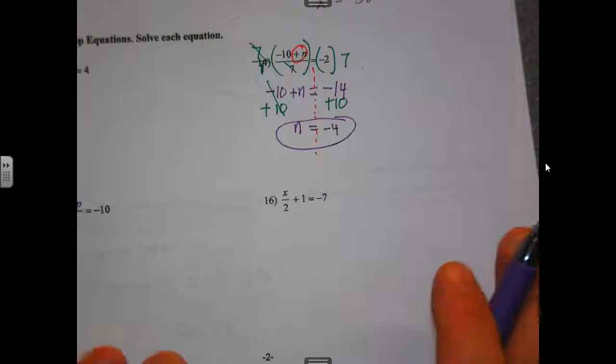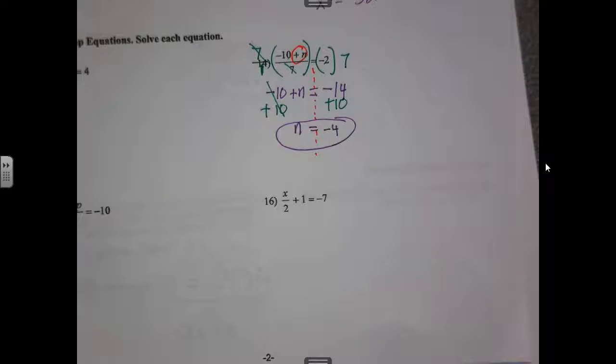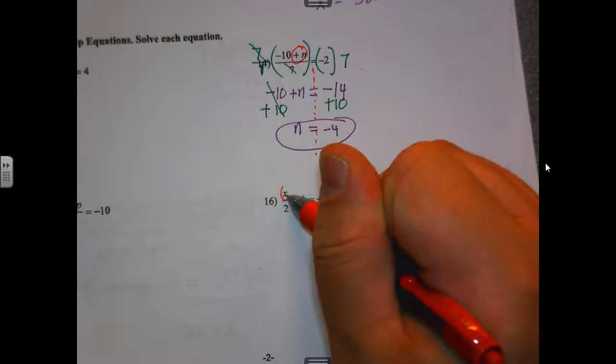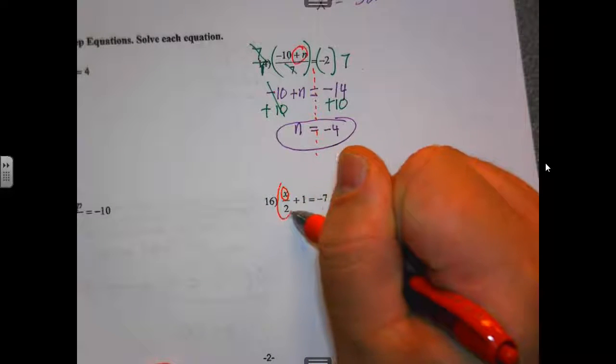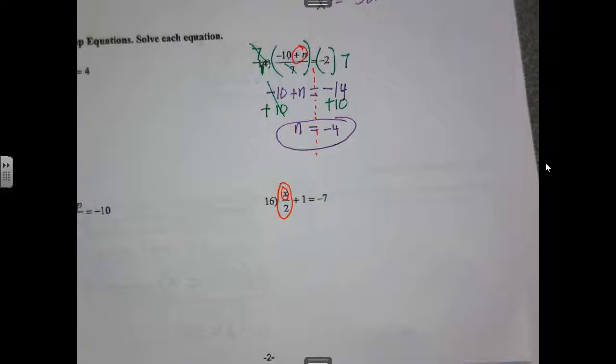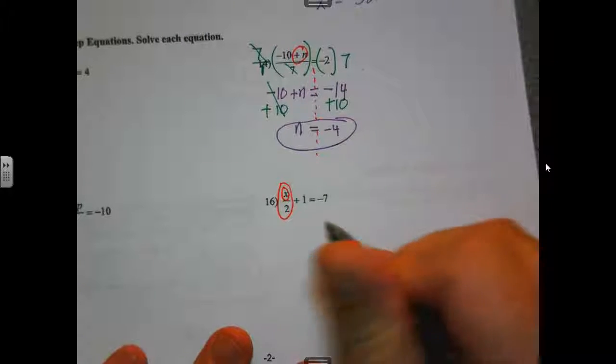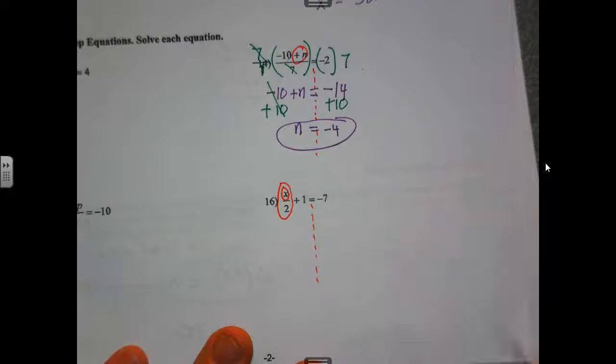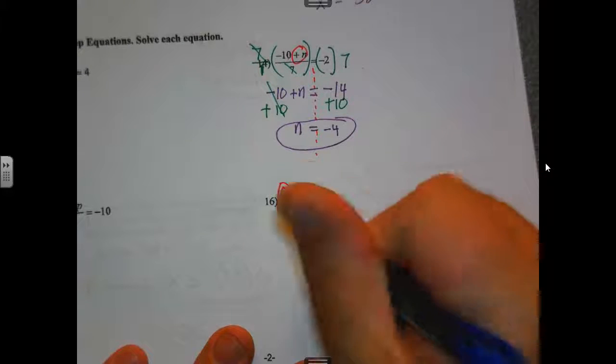Number 16. This time my variable is in a numerator, but it's not locked in with anything. So I'm going to get that term by itself first. I'm going to subtract 1 from both sides first.